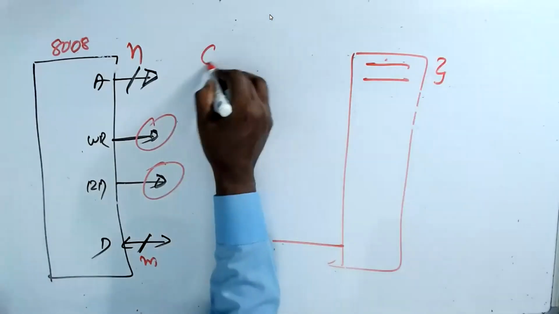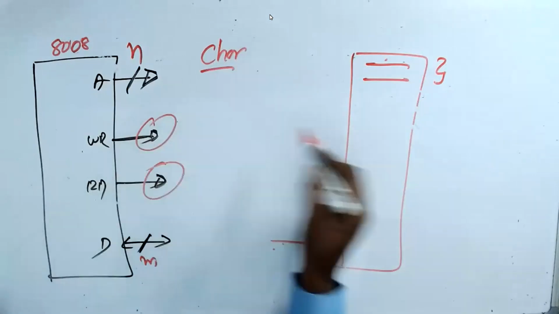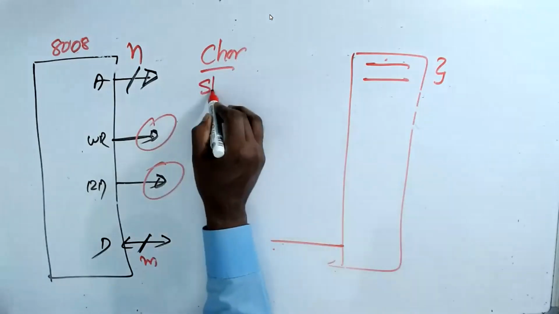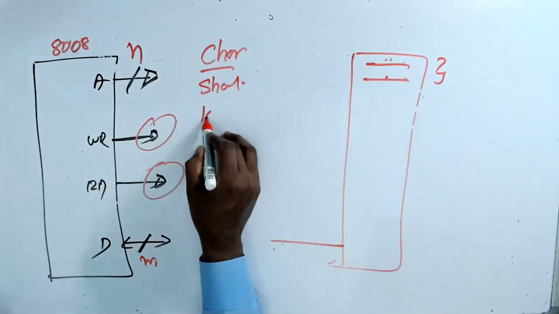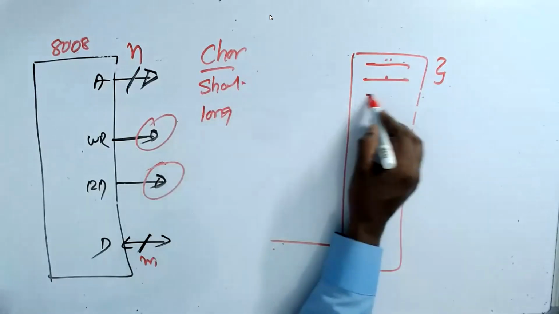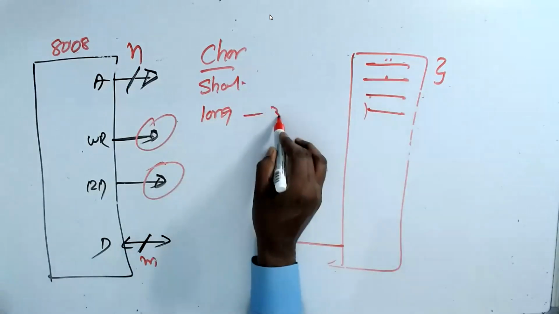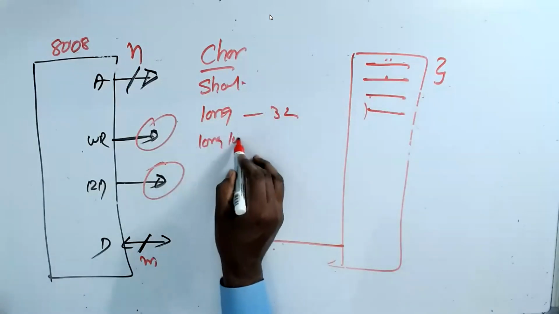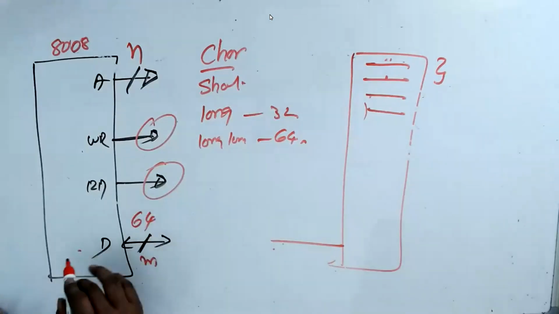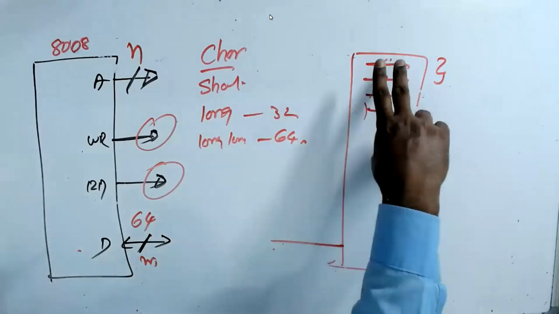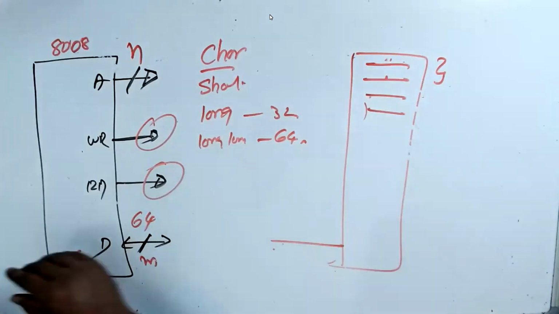If you use a char in C, you read 1 line. If you use short, you use 2 lines at a time. If you use int, you use 4 lines at a time, 32 bit. If you use long, 64 bit at a time. For example, if you put a 64-bit microprocessor, that means that I'll be reading twice as fast. I'll be very fast.